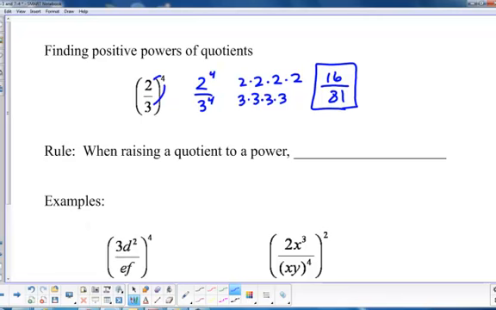So when you're raising a fraction to a power, everything in the parentheses, both numerator and denominator, gets the exponent.